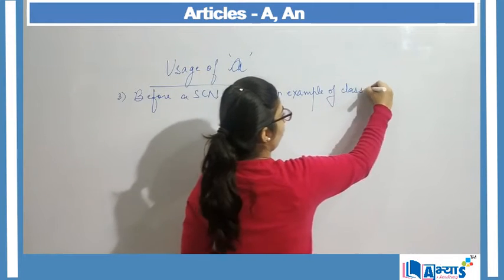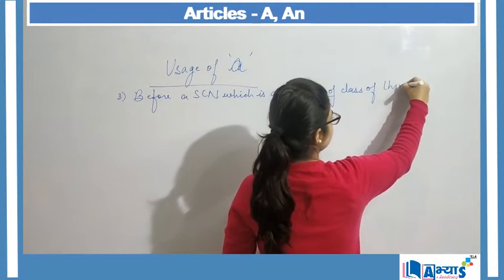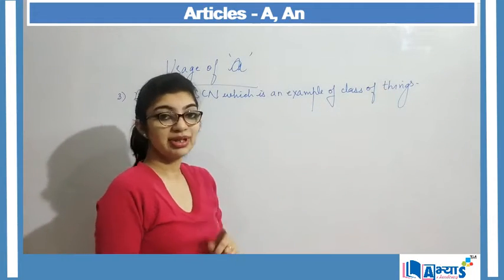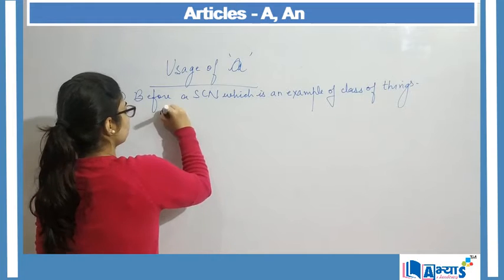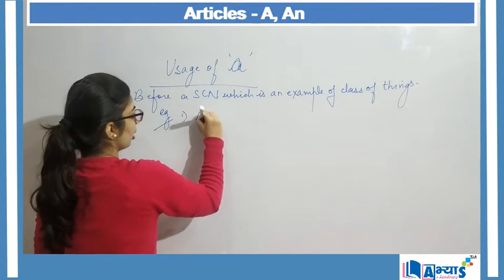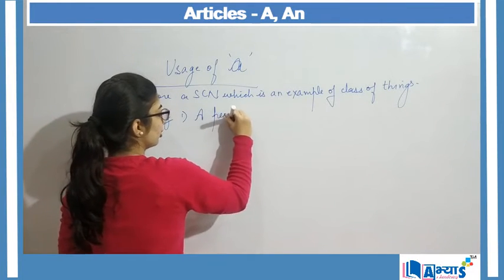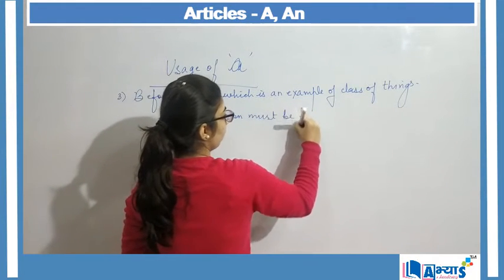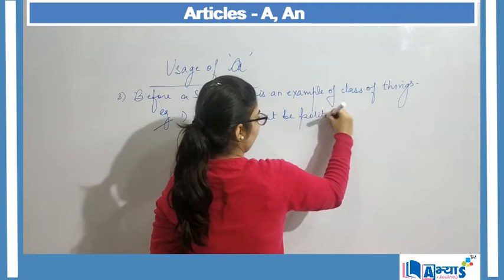Now, example of a class of things means that, for example, a person must be polite with others.